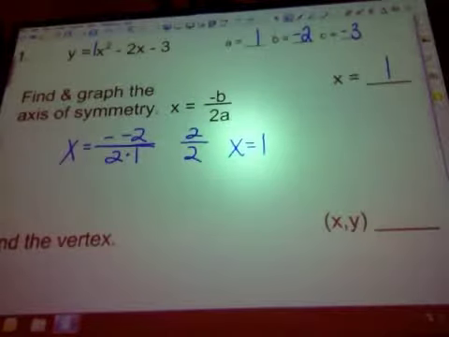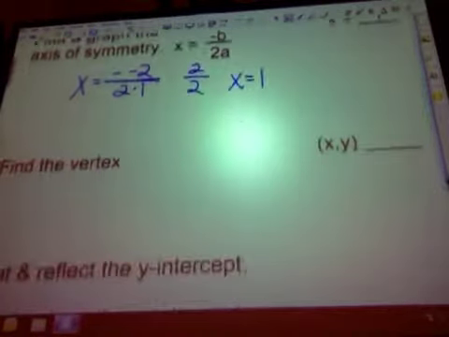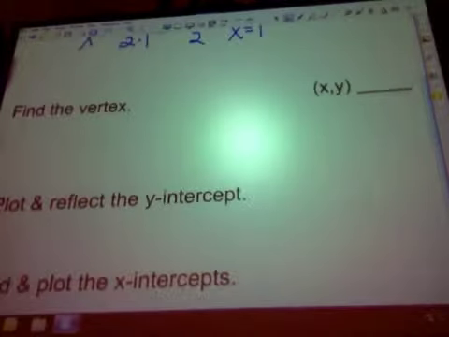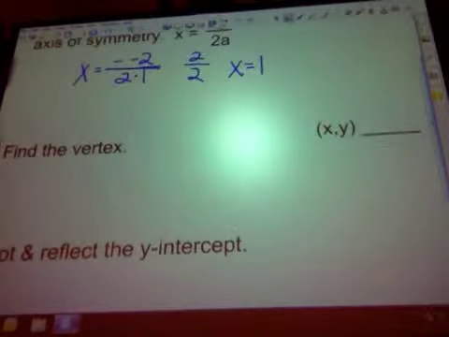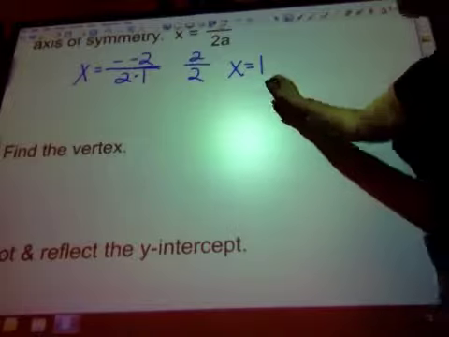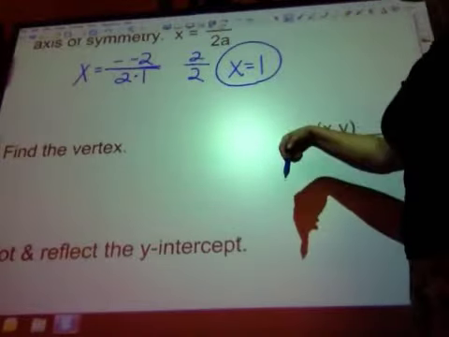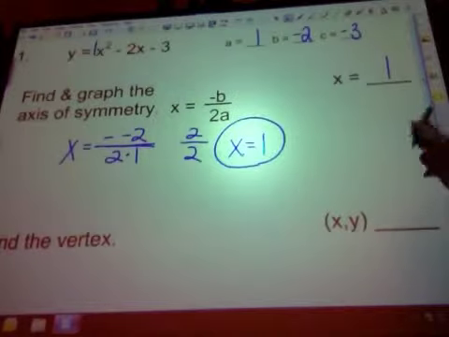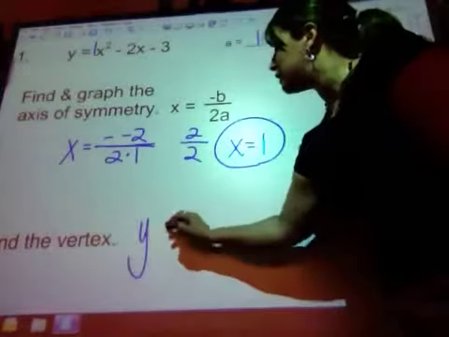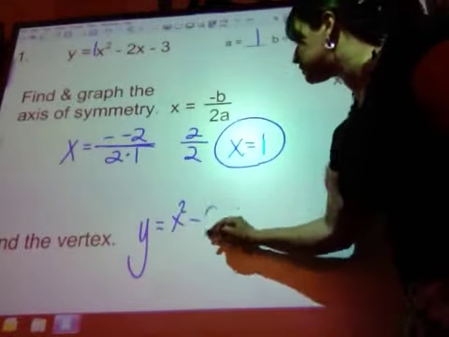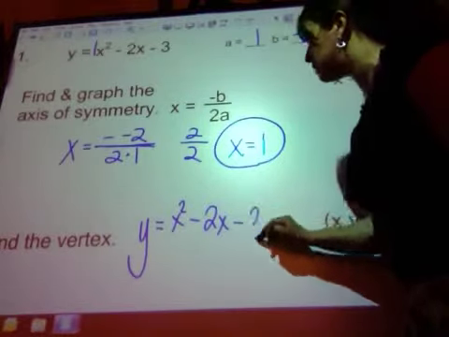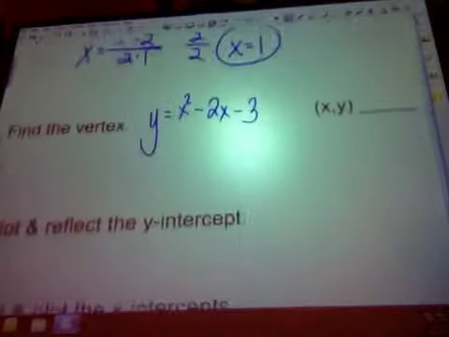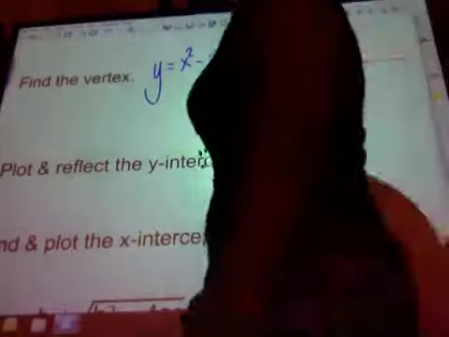The next thing after you find the axis of symmetry is finding the vertex. To do that, you take what you found for your axis of symmetry, or x equals 1, and we plug that into our original equation. So instead of doing y equals x squared minus 2x minus 3, we're going to put a 1 in for all of those x's.